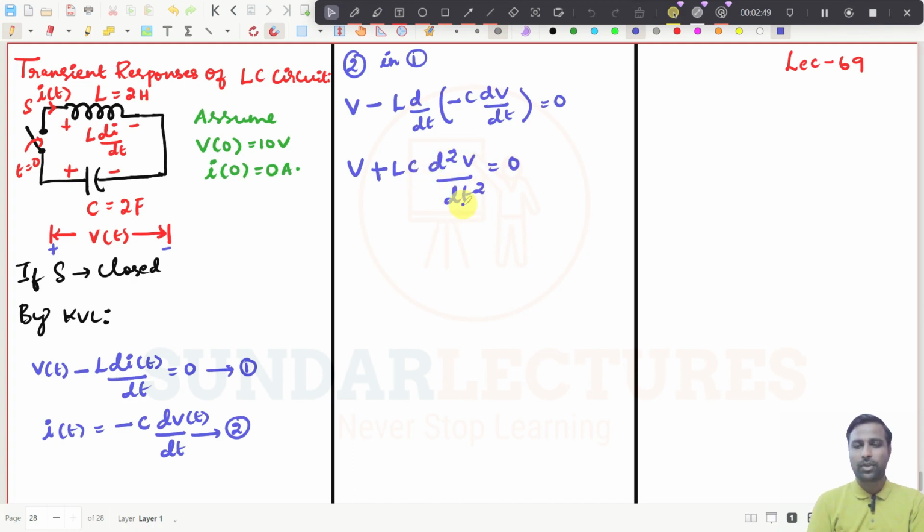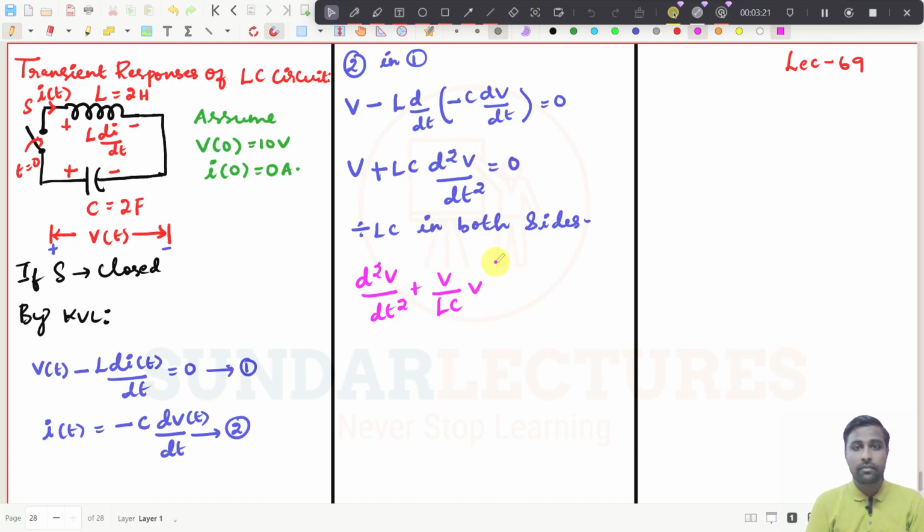This is a second order differential equation with no exciting function. Now divide both sides by LC. Finally I will get d square V by dt square plus V by LC equal to 0.